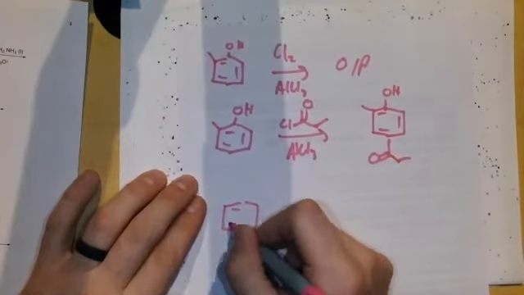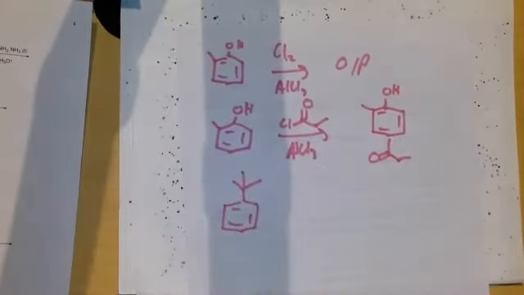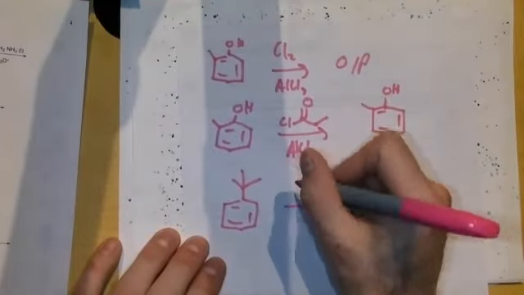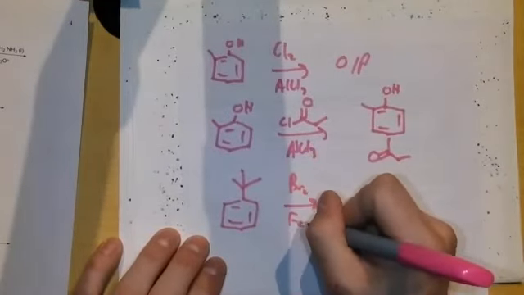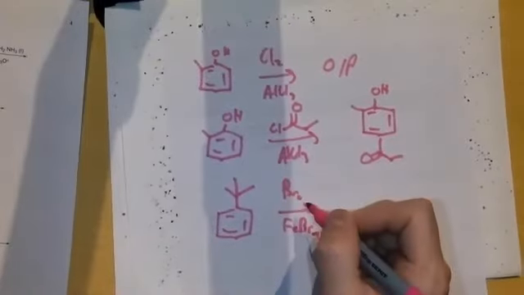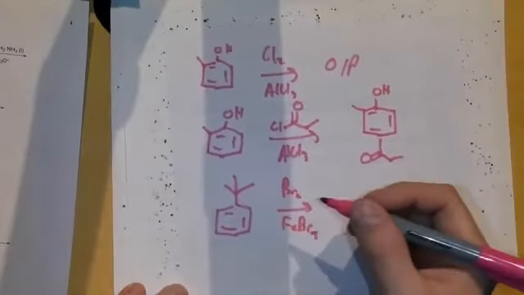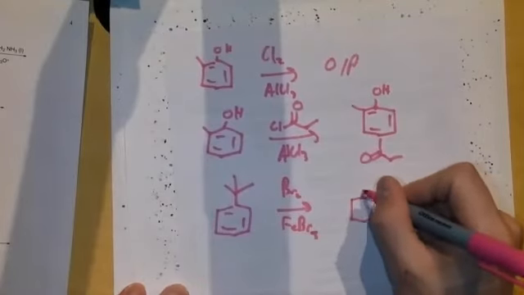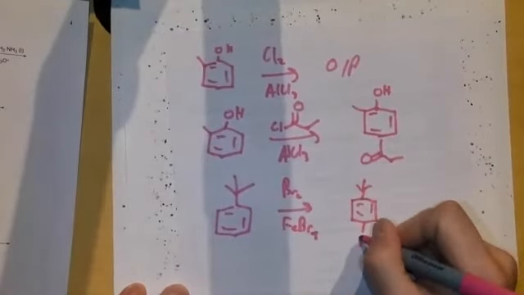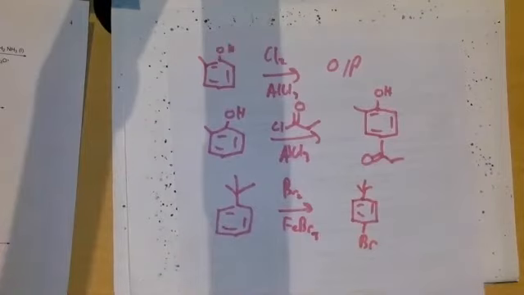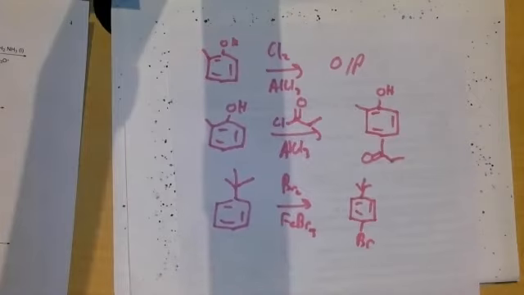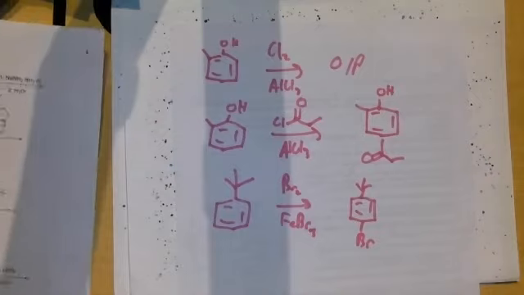For instance, if I have a tert-butyl and I try to add in, let's say, Br2, FeBr3. Even though the Br is a small group, we already have a large group on there. So this is going to be your major product for this one also. Anytime you're dealing with a large group, it's going to add para, unless it's a meta director, in which case it will add meta.